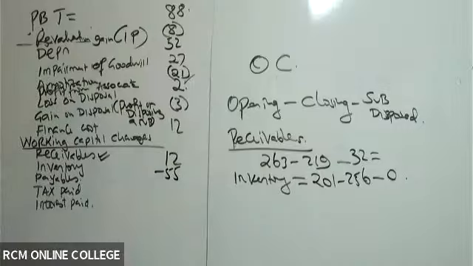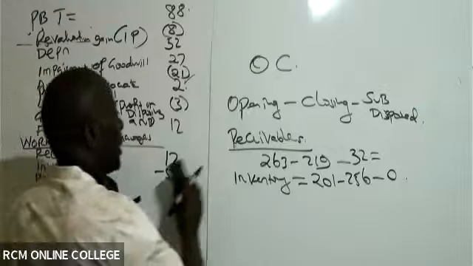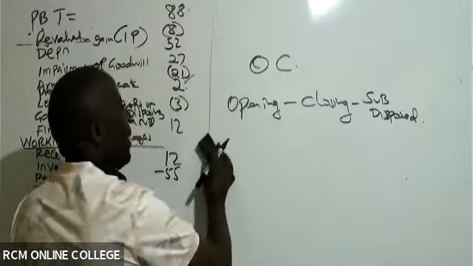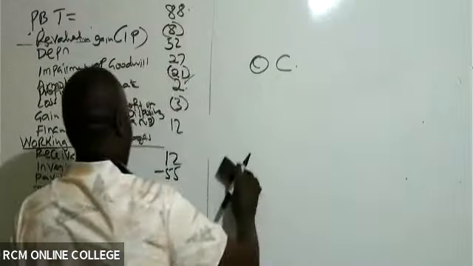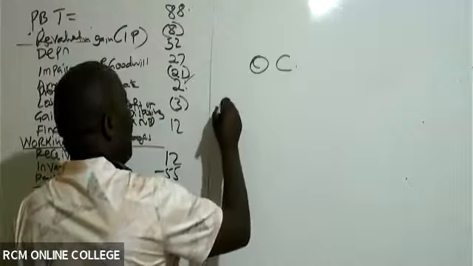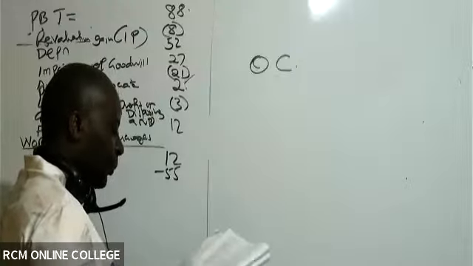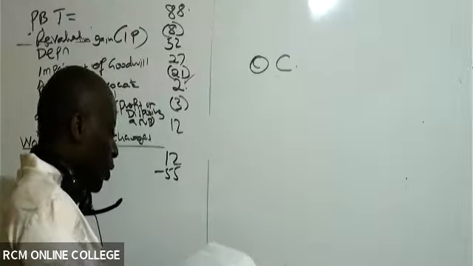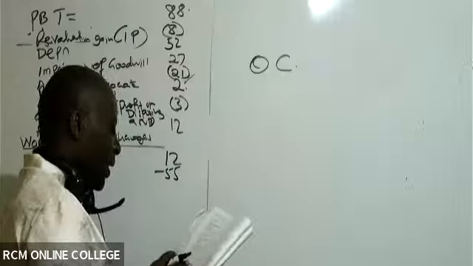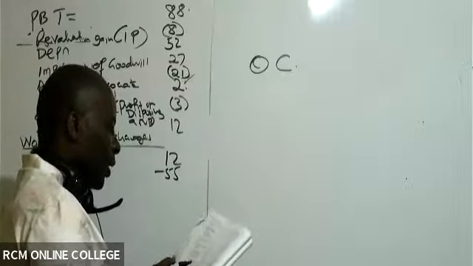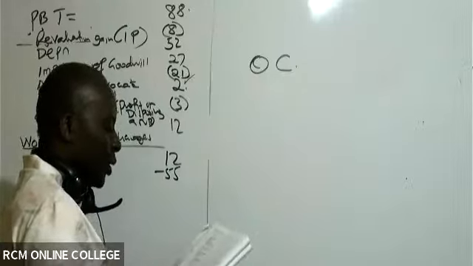Now for payables, not many will get payables easily. So for payables, you must be quite knowledgeable. We have opening. Are you able to see the opening payables under current liabilities? Yeah, 486.